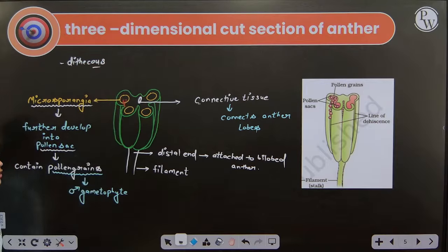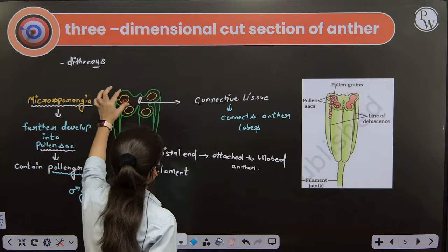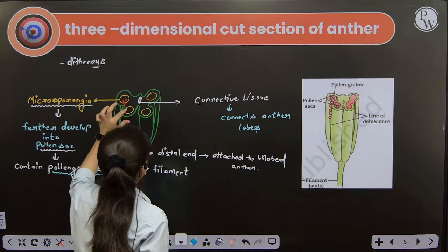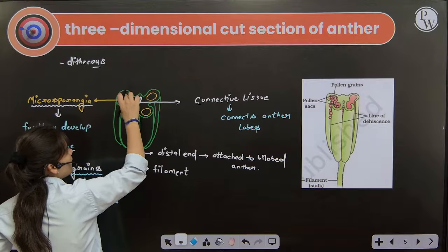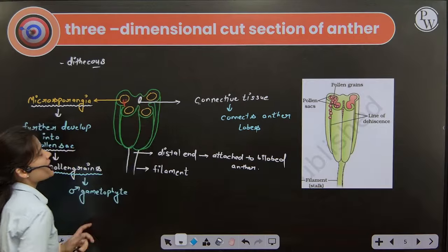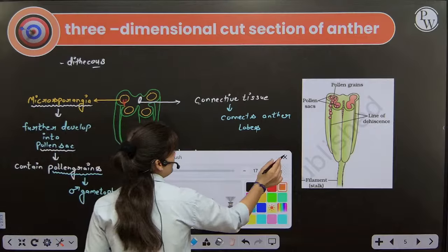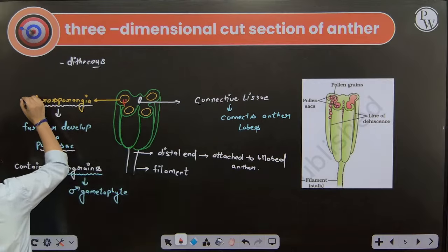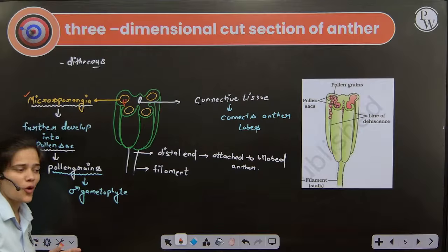In which point of view is it known as dithecous? One lobe has two theca. That's why anther is dithecous. Now, inside each theca, what is present? That yellow color one. Inside each theca, microsporangia is present. Inside this microsporangia, what is going to form?